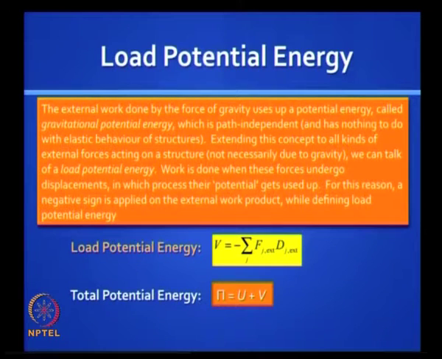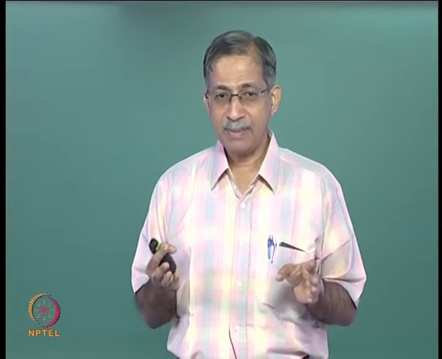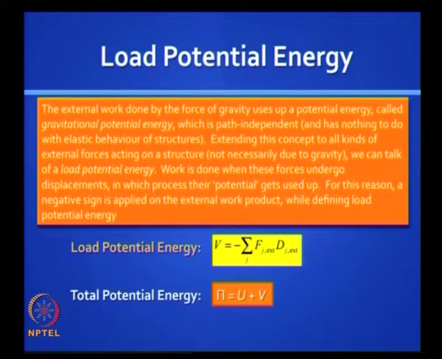Now if you have a system, a structure, where you have external forces and you have internal energy, you can add up all the energy, sum it all up, and call it total potential energy, defined as capital letter Pi, equal to capital U plus capital V. U is internal energy, strain energy, which is recoverable, and V is load potential energy.